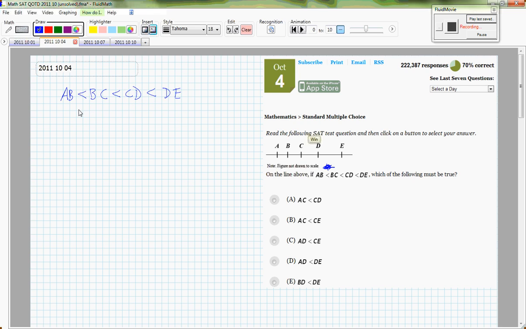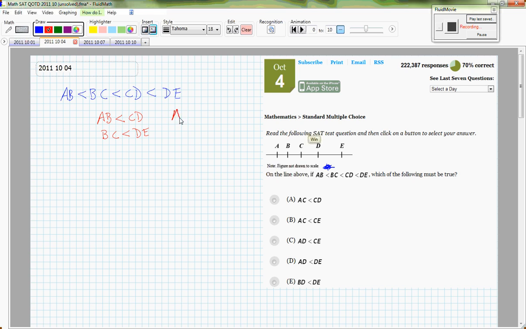In an inequality such as this, if AB is less than BC and BC is less than CD, it also follows that AB is less than CD and BC is less than DE. That's just grouping some of these together.